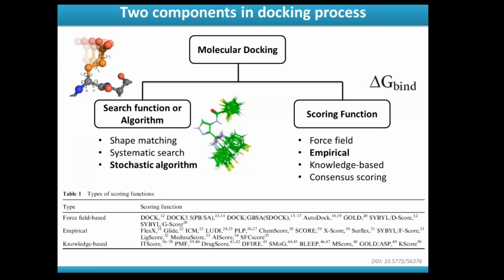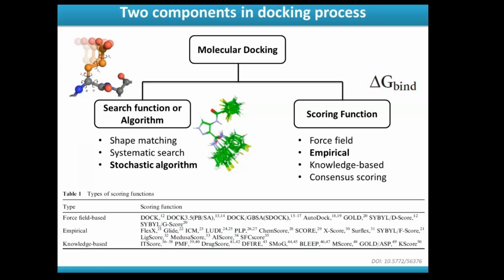There are several types of search functions and scoring functions. Basically, you have shape matching, where the ligand is varied according to the shape of the protein. There is systematic search. That means the structure of the ligand is rotated at every degree of freedom.